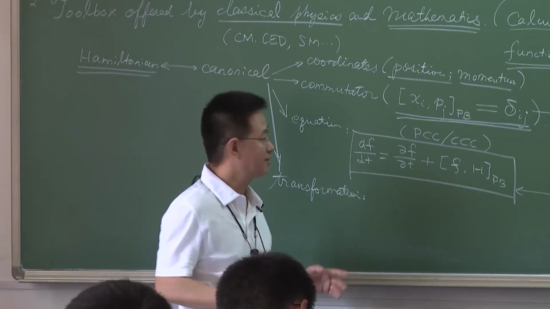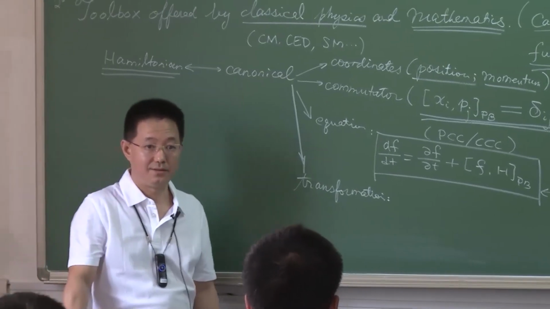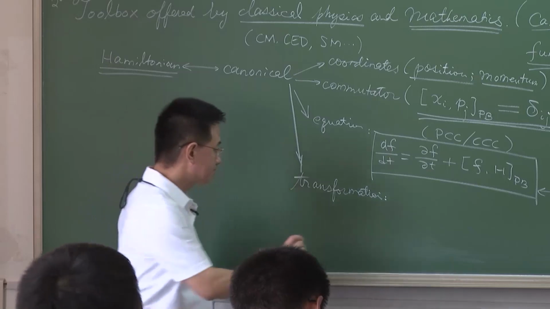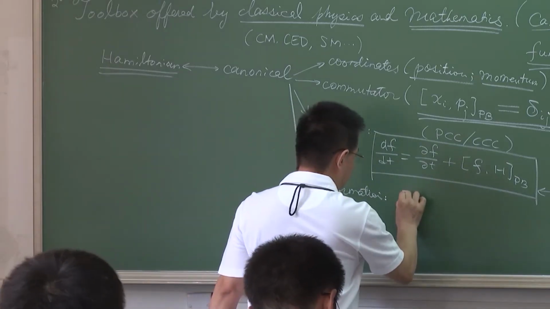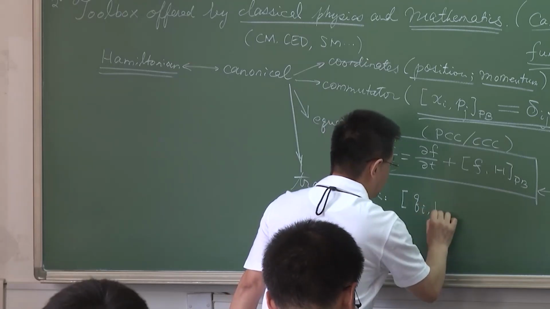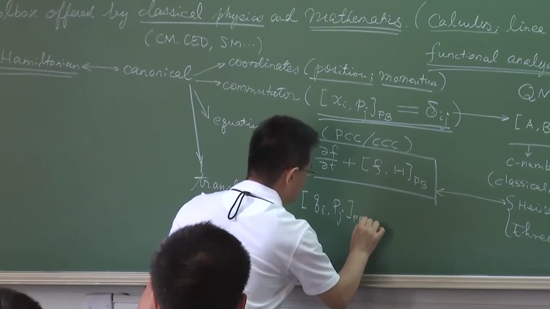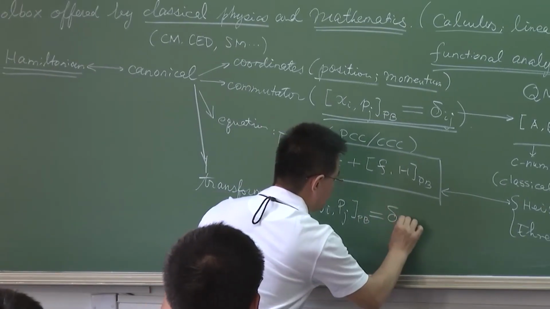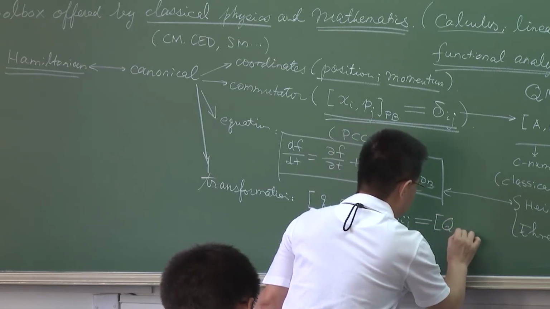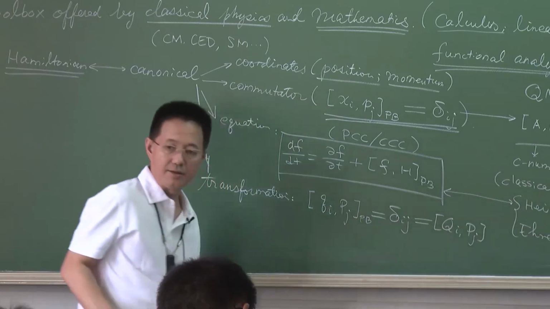What's that? You'll find the Poisson bracket, the value of that will be kept invariant. So you have the Poisson bracket of q_i, p_j equal to this, and when you change to capital Q_i, capital P_j, it stays the same.